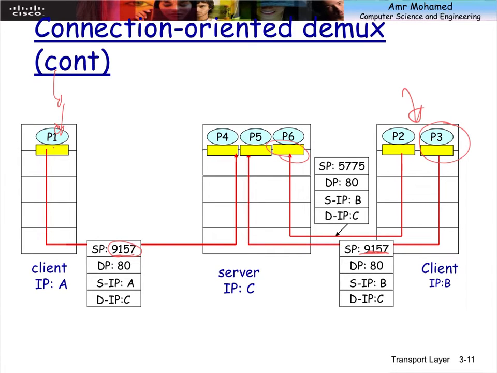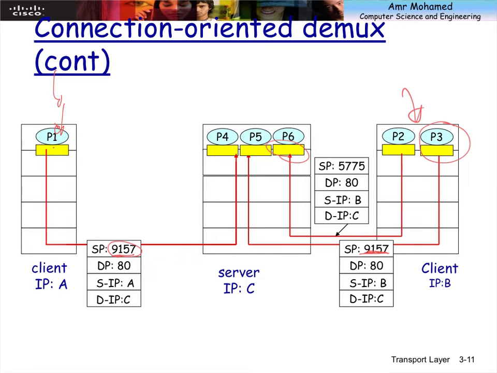This means 100 tabs from my machine will connect to google.com on port 80. But these 100 tabs have different source ports. So there has to be a separate socket on Google for each of my 100 tabs.